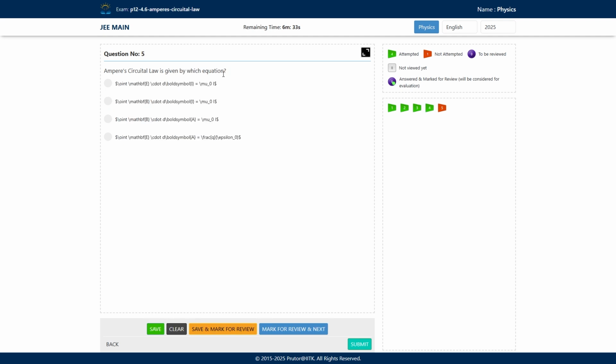Ampere circuital law is given by which equation? First option is integral E dot dl equal to mu naught I. Second option is integral B dot dl equal to mu naught I. Third option is integral B dot dA equal to mu naught I. Fourth option is integral E dot dA equal to mu naught I. Which option is correct?